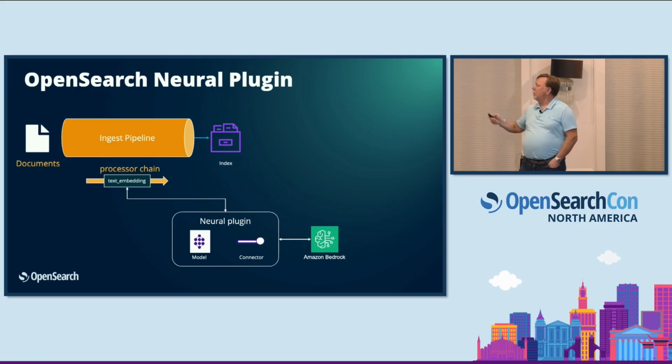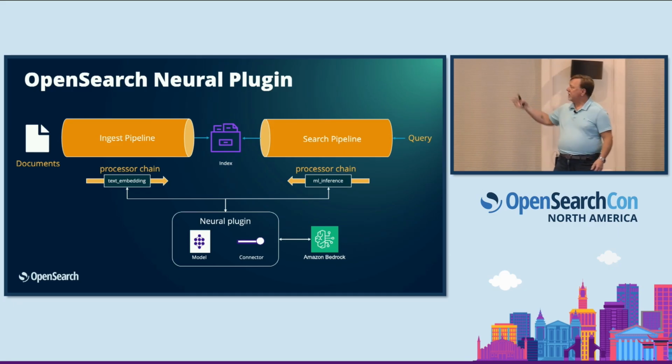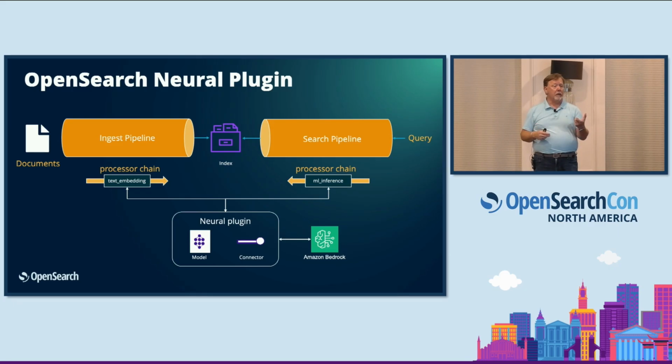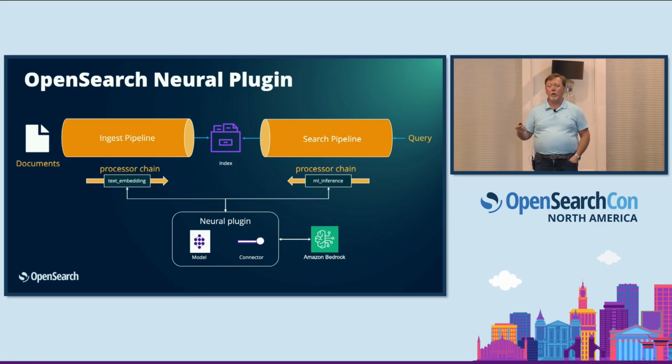On the query side, you have a similar pipeline that you can define, a search pipeline, with a number of different tools in there. I'm calling out the ML inference processor. What that does is take a query and send it off to a model for encoding, and then be able to run that query as a vector query. So these are the main interaction points as you're working with external models and internal models, for ingest and for search.